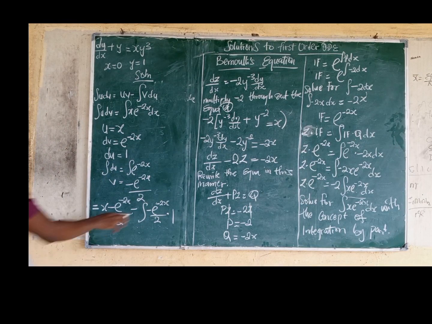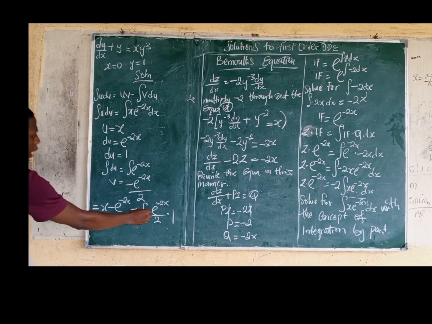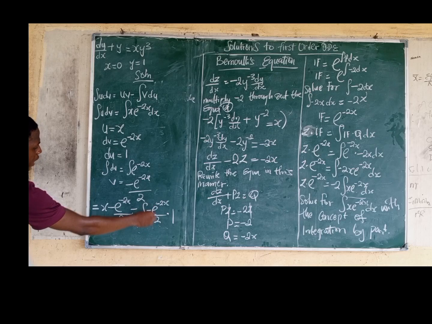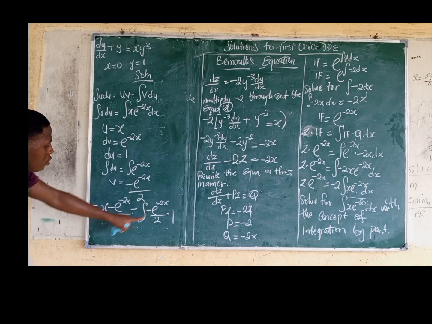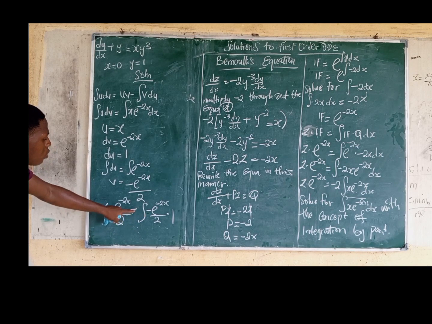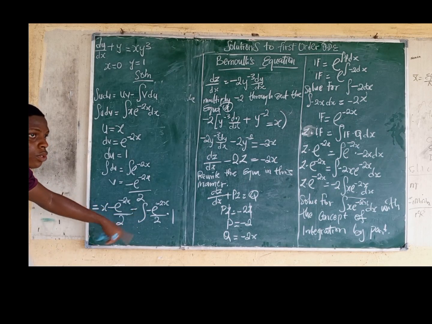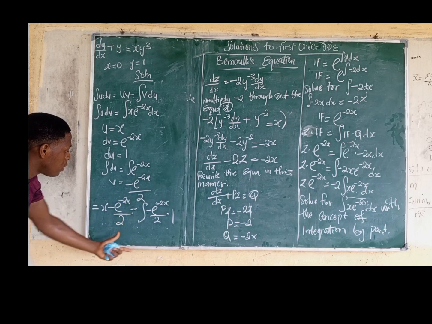What do you do? We can simplify this by bringing out 1 over 2 as a constant outside. Now, the minus sign will knock out this subtraction sign. It will give you a positive sign.